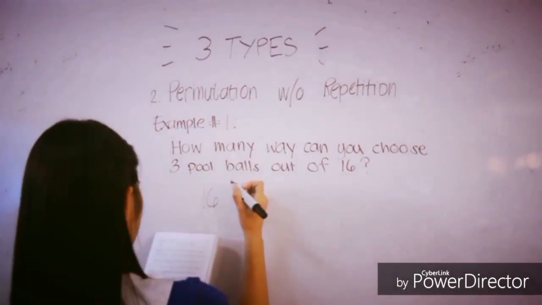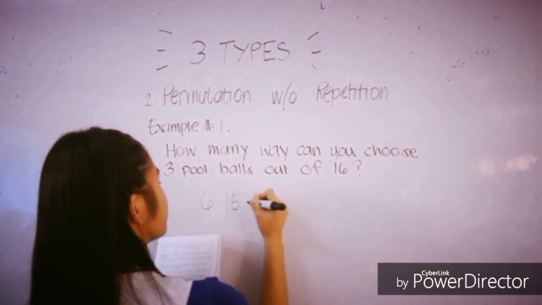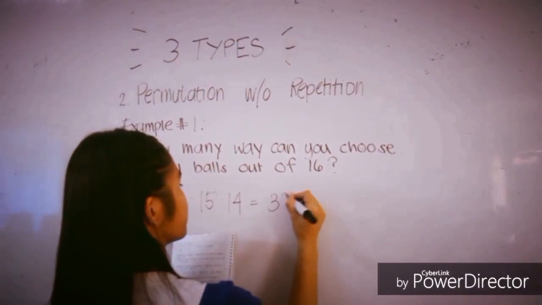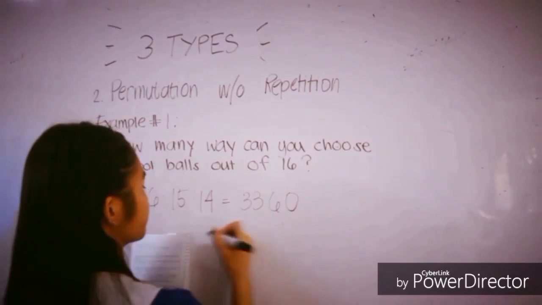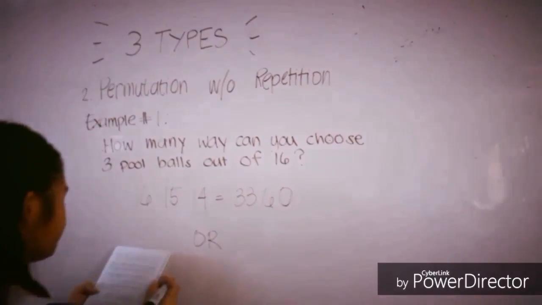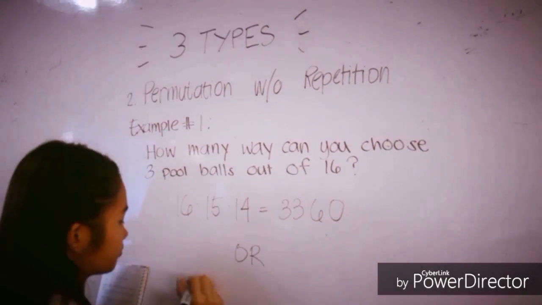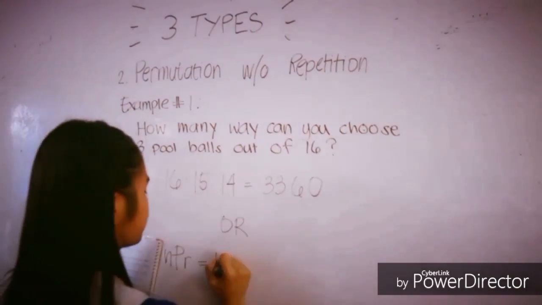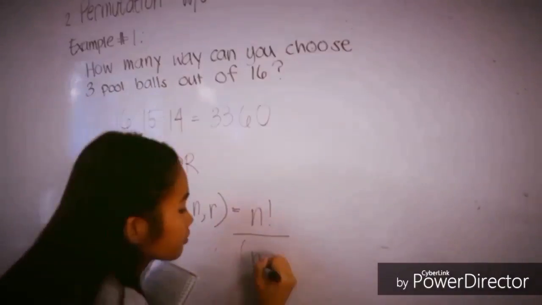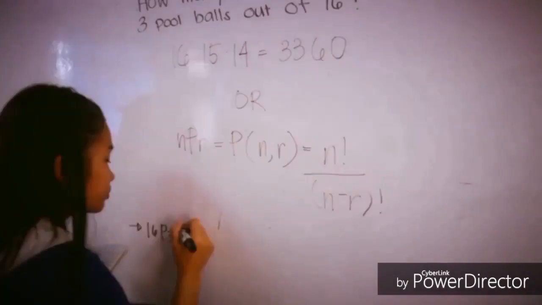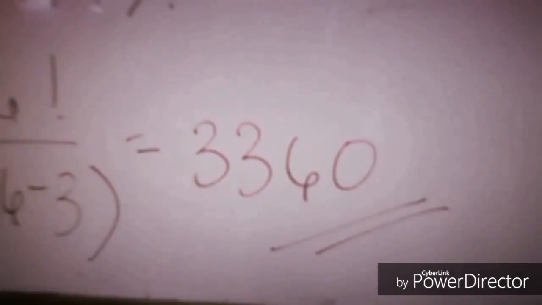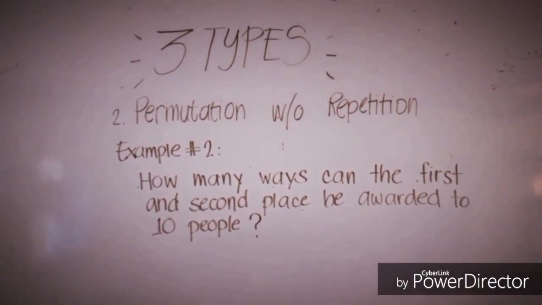Our solution will be 16, that's the total, multiplied by 15, since we've already picked 1 ball on the first tryout without replacement, multiplied by 14, again since we've already taken 1 on the second tryout. The final answer will be 3,360.